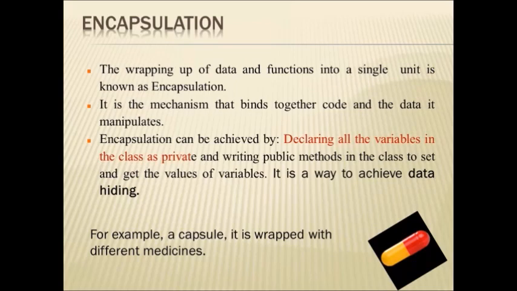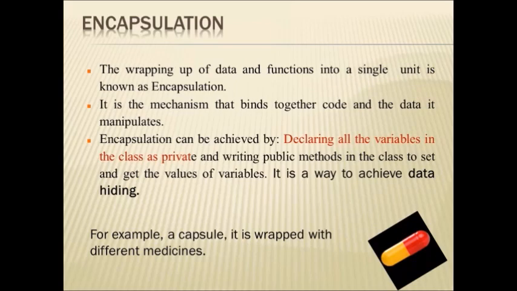That is, if you are declaring your member variables or data members as private, the data is secure. That is, the data is hidden. The data is not accessible by other functions. This is the concept of encapsulation. That is, wrapping up of data and functions into a single unit is known as encapsulation.